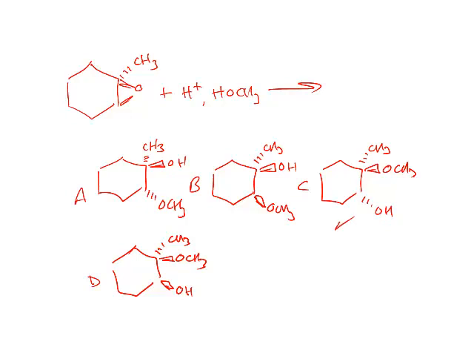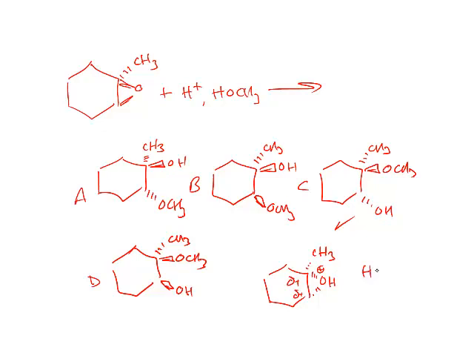So what's going to happen in this mechanism? If I asked you to write out this mechanism, I would end up with the protonation on the OH, or the protonation on the epoxide. That's going to give me a positive charge on the oxygen, which is going to be distributed basically amongst those 2 carbons.